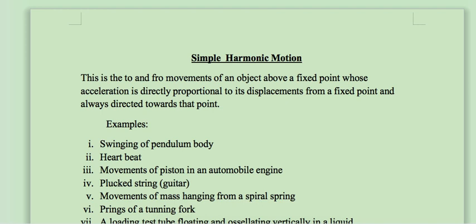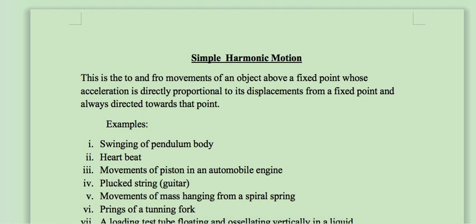The process of moving back and forth is what is referred to as the to and fro movement of the object, or vibration. It will always move towards that fixed position, and we say the acceleration is directly proportional to the displacement from that fixed position.